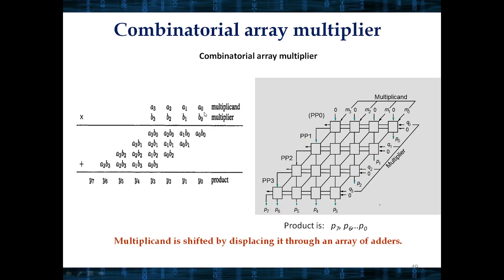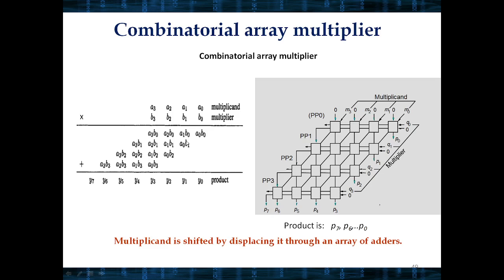Like this we will do for all the bits, and finally we will be getting the partial product stages. The first partial product is obtained by multiplying B0 with all the bits of the multiplicand value.